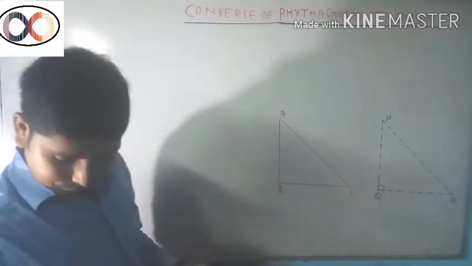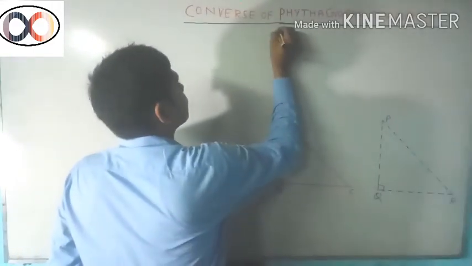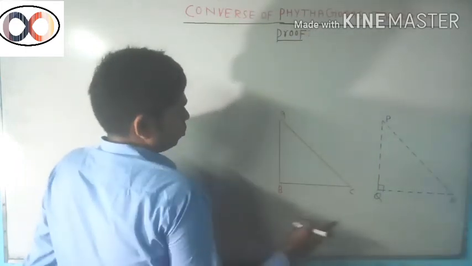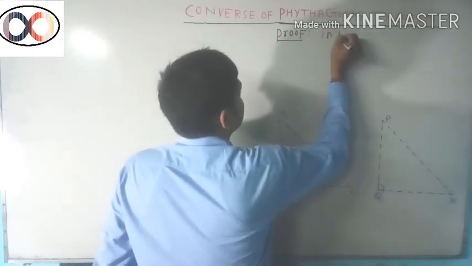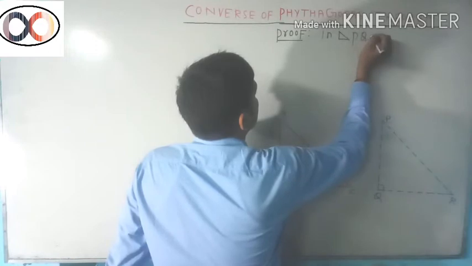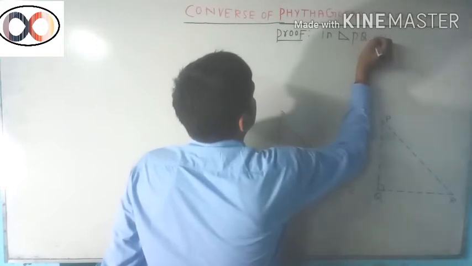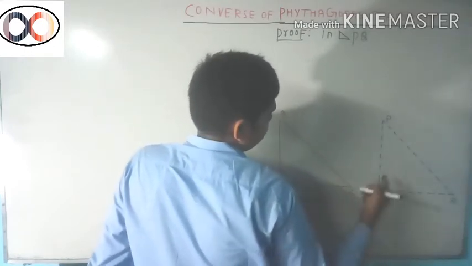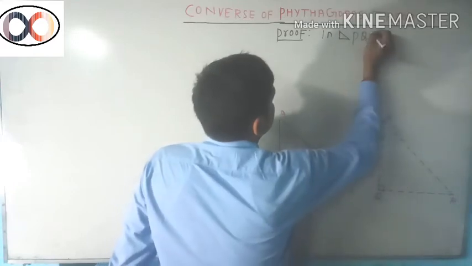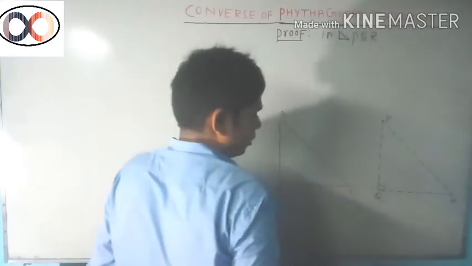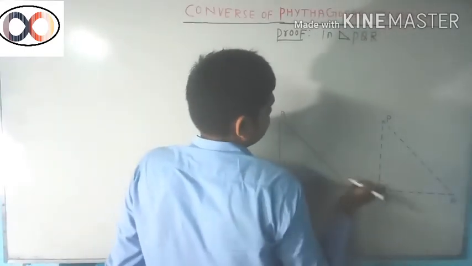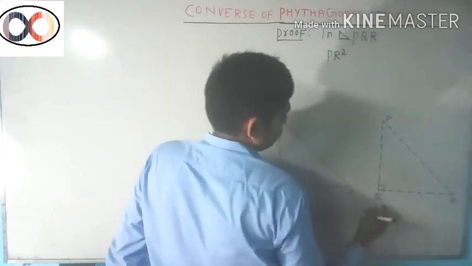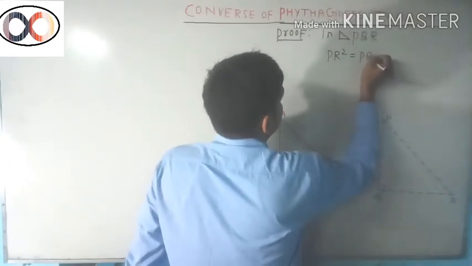So we can write the proof. In right angle triangle PQR, we can write PR square equals PQ square plus QR square.